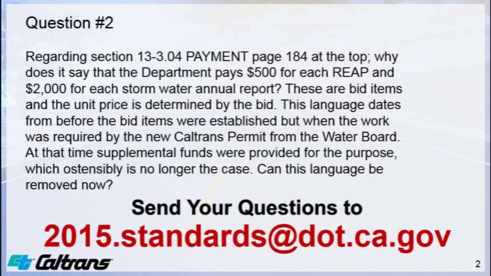So there was an agreement made between Caltrans and industry, numerous contractors and people that do stormwater work, that we would basically have a fixed price for these two items of work. These are one of the few items within Caltrans that we actually do have a fixed bid price.